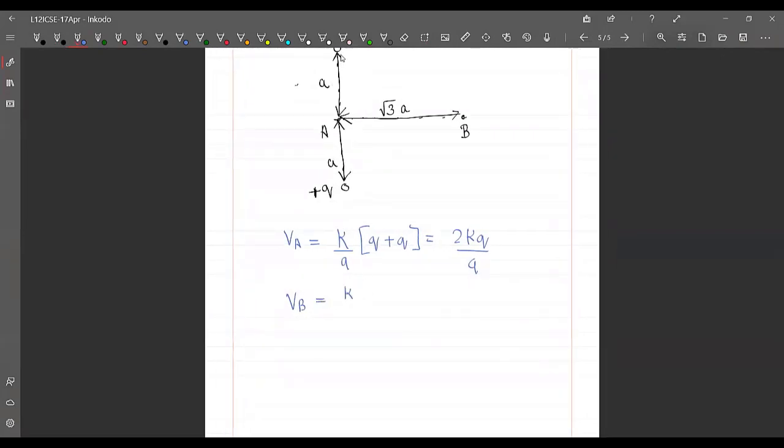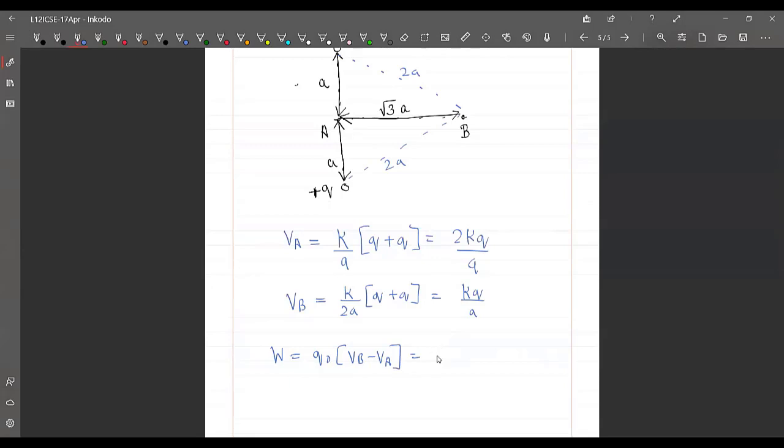it will be, if this is A, this is root 3A. This distance will be 2A. So it will be K by 2A into Q plus Q. So it will be KQ by A. So work done will be equal to Q naught into final potential minus initial potential.